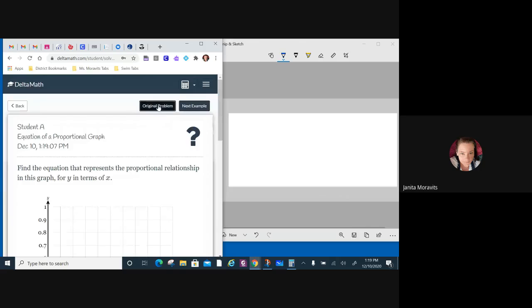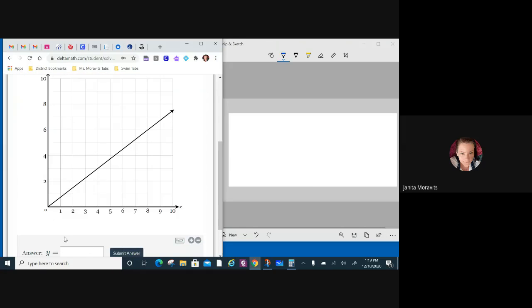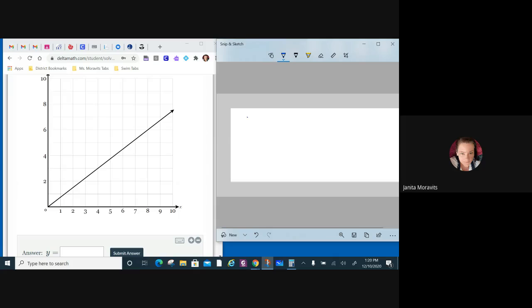So let's go back to the original problem. All right, let's use something that's at an intersection right here. Okay, so y would be 3, this point right here. Let's just do an xy. All right, so right here, your y is 3 and your x is 4.